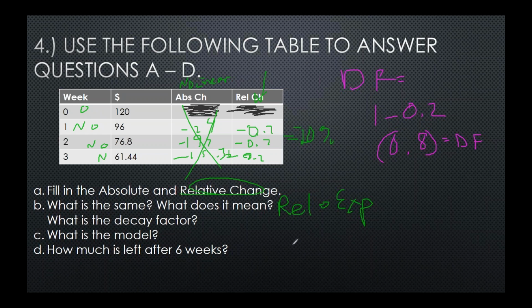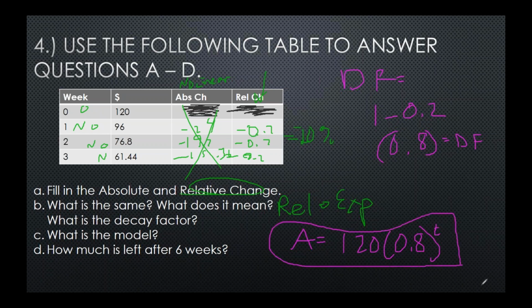So that gives us a model of ending amount equals, how much did we start with? 120. Then we take our decay factor of 0.8 and we raise it to our time period. Well, relative change, Jacob, answering your question.